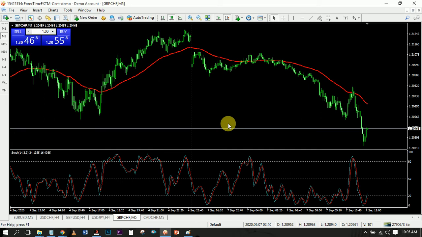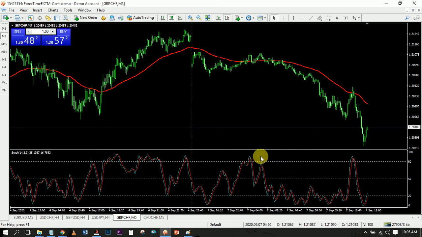Then once you spot the trend, you can go to your MT4 app on your phone, and these are custom indicators, the 50 EMA and the stochastic. They are custom indicators, you don't need to pay for them. They are on your custom mobile MT4 indicator app.